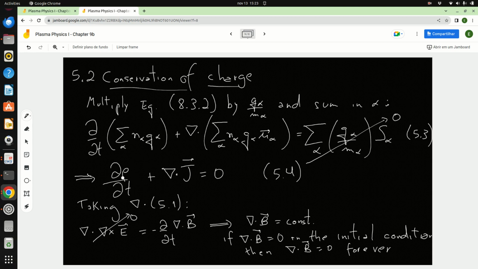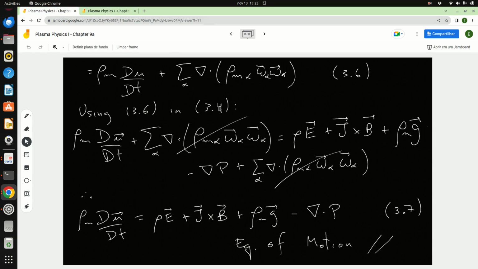So it should not be changing with time. You have it 0, so the time derivative is 0. If the time derivative is 0, then the divergence of J must be 0. And if divergence of J is 0, then in 3.7 we lose the electric field. In 3.7 we drop the electric field in the equation of momentum, right?